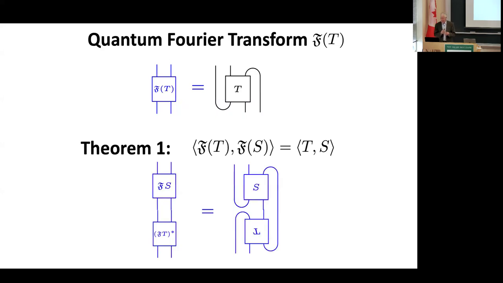And the way to see that is just to write down the diagram for the inner product of the Fourier transform of T with the Fourier transform of S. And it's the picture on the right where the Fourier transform of T inverts it. The adjoint inverts it, and the Fourier transform takes the lines around.